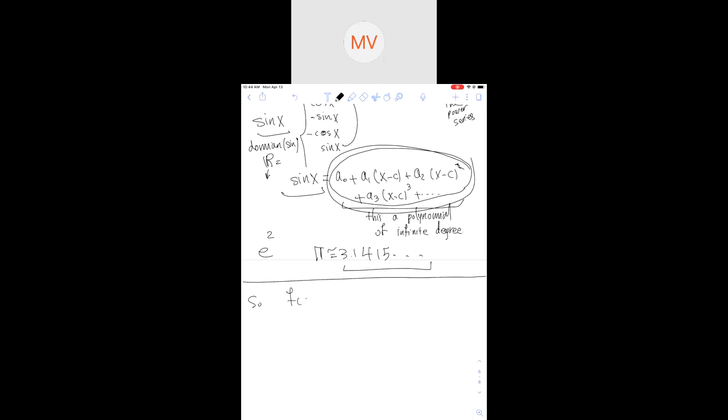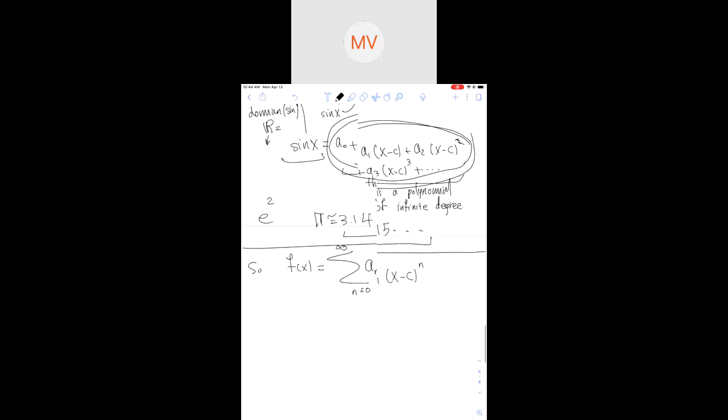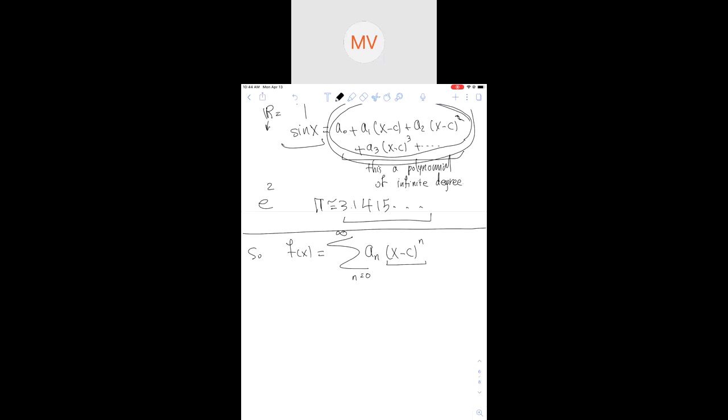So, f of x can be written as the summation of a sub n times (x minus c) to the n, starting from 0 to infinity. Well, in this power series, this piece is known, right? It doesn't change. The only thing that changes is this. So, question: what are the a sub n's? How do they relate to f of x?